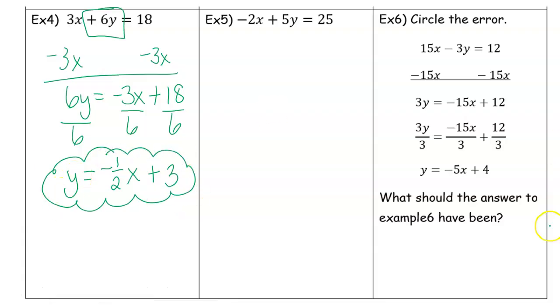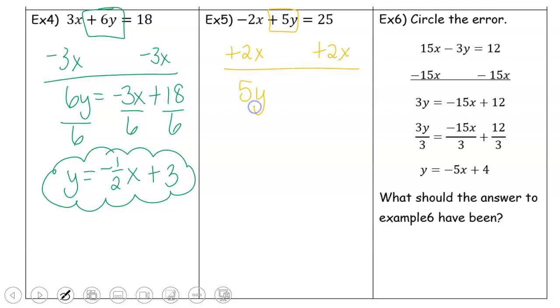All right, let's go ahead and try the last one. I have that 5y, so I want to isolate it. So to move a negative 2x, I'm going to add 2x on both sides. So now I have 5y equals 2x plus 25.